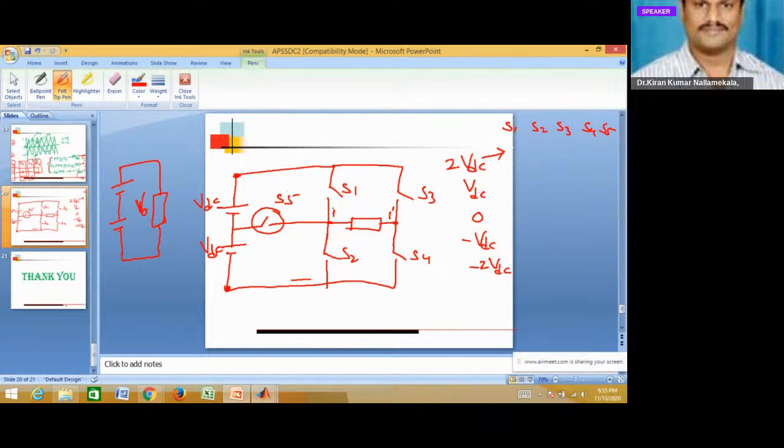So the voltage appearing across the load, V0, is equal to VDC plus VDC, that is 2 VDC. In order to generate 2 VDC across the load, you have to turn on only two switches, S1 and S4. S1 and S4.